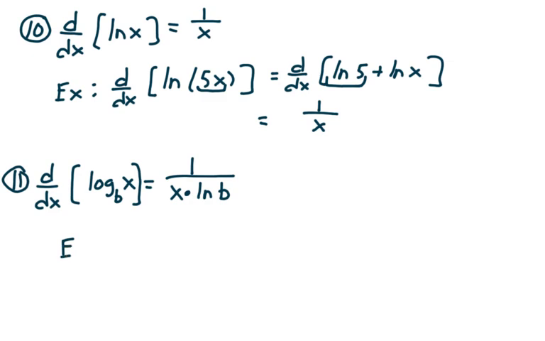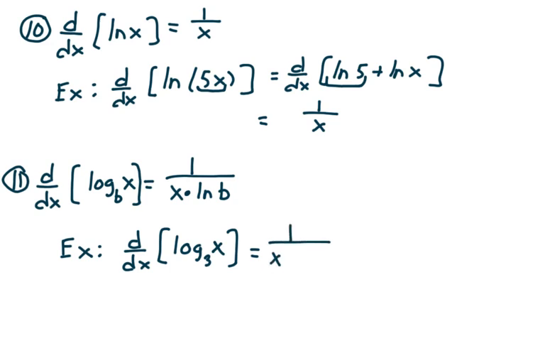For example, suppose I want to differentiate log base 3 of x. The base is 3, and so you get 1 over x multiplied by natural log of 3. That's basically how you do this type of question.